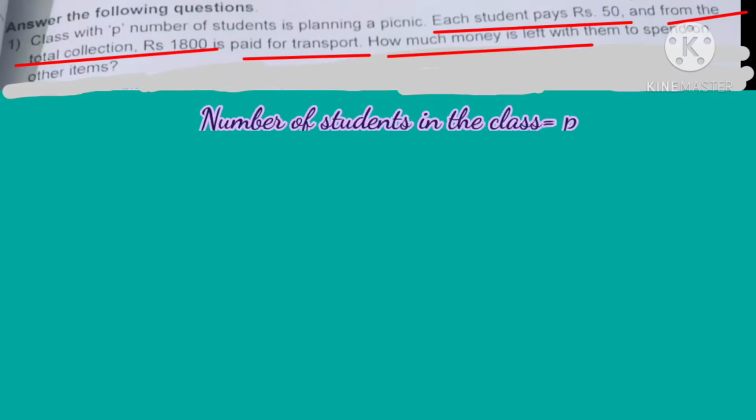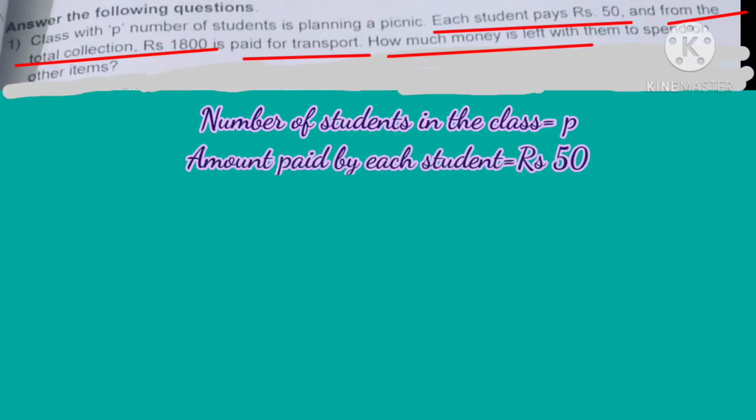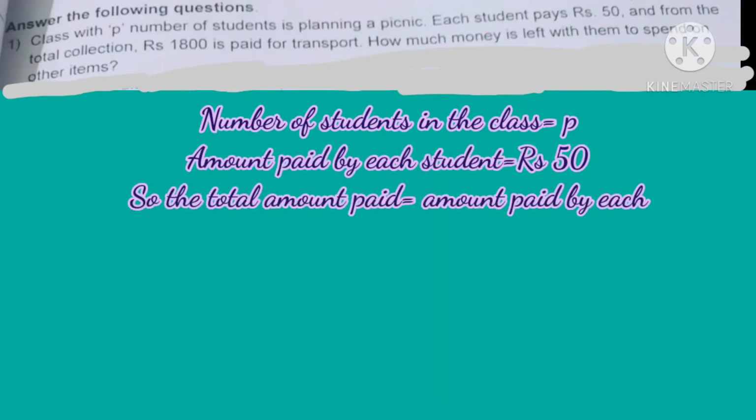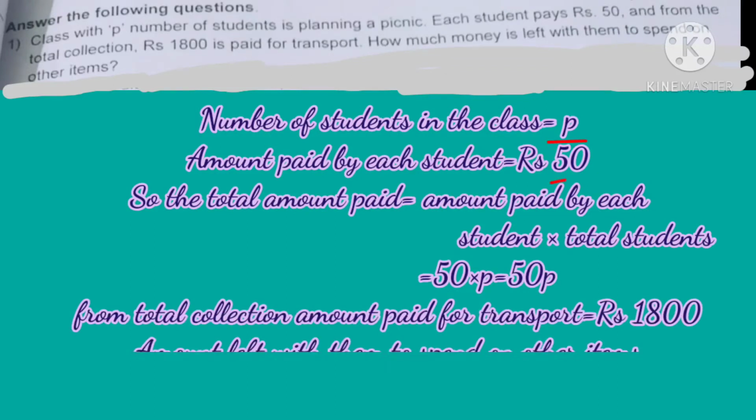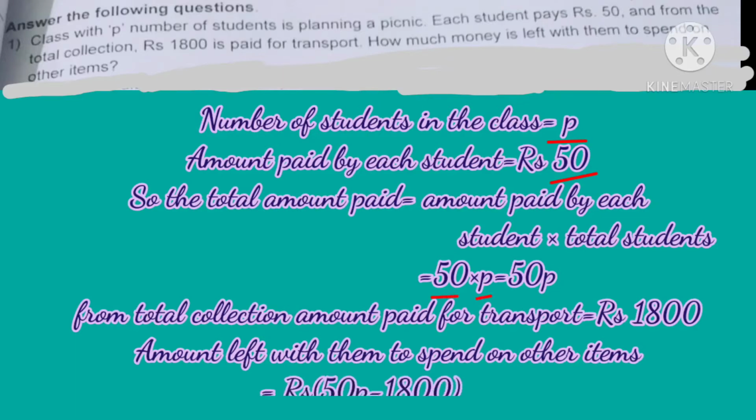So here number of students is P and amount paid by each student is equal to 50 rupees. So the total amount paid is amount paid by one student and number of total students. So total students is P, so total amount is 50P. From the total collection, what is the amount that was paid for transport?